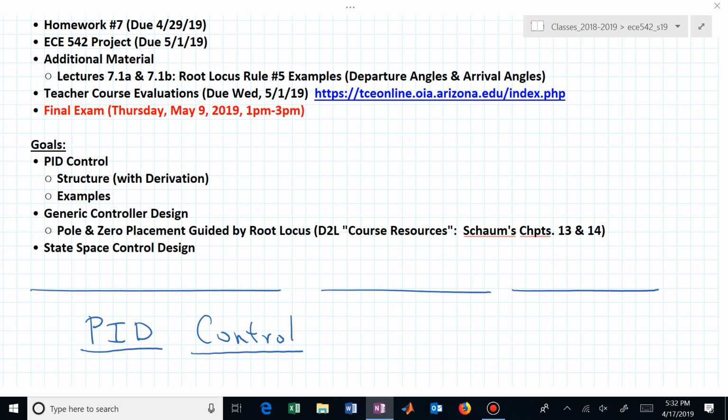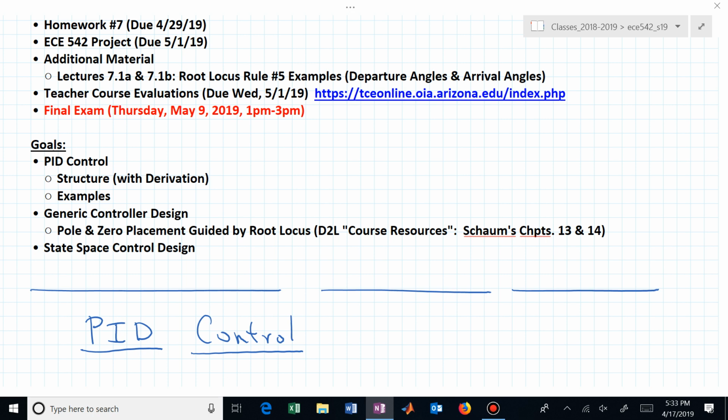Where were we? Additional material. It's on departure angles and arrival angles. It's really based on one of the conditions that you use to sketch the root locus, which is the phase angle condition. That's how you find the angle with which you depart a pole. If it's a complex zero, then it's the angle or direction you're approaching that zero at.